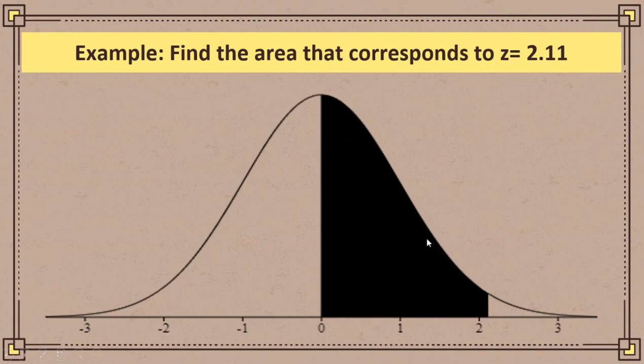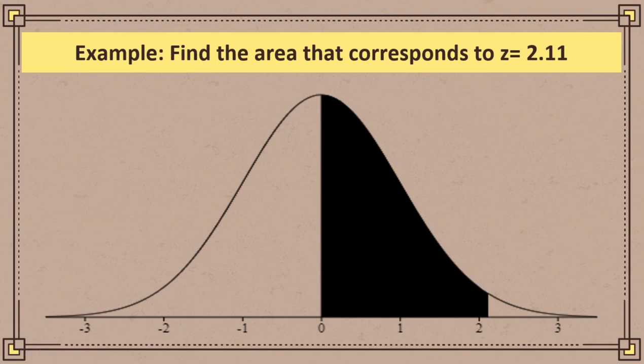After constructing the normal curve, the next step is to shade a part of the normal area that is given to us. Since we're finding the area of z equals 2.11, our shaded part is from 0 to 2.11. So now, we are done with the first two steps.